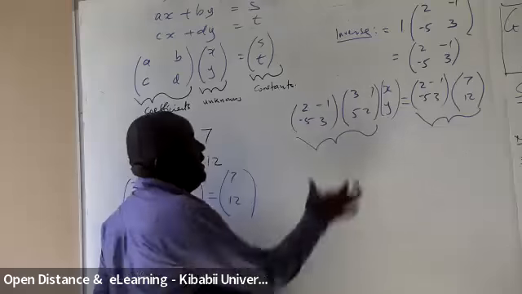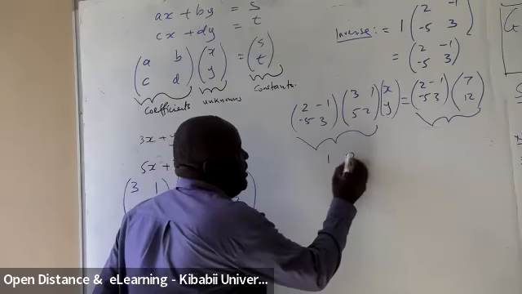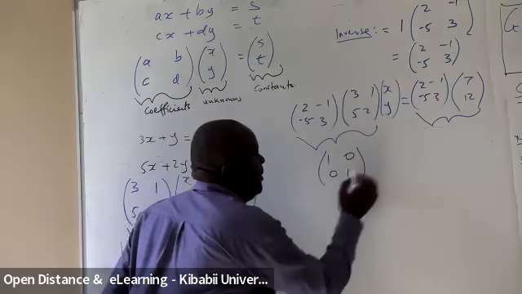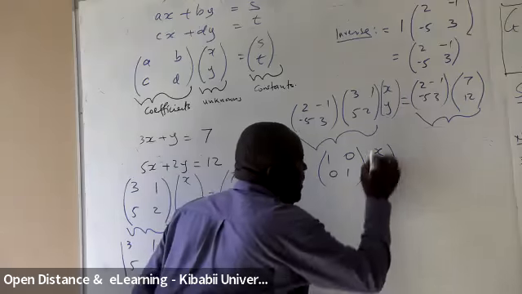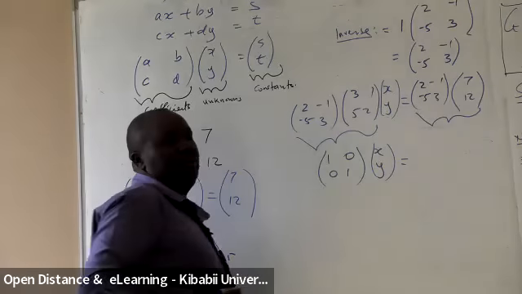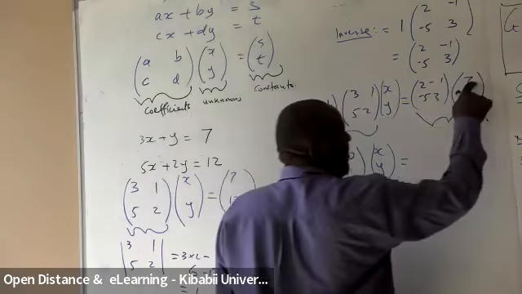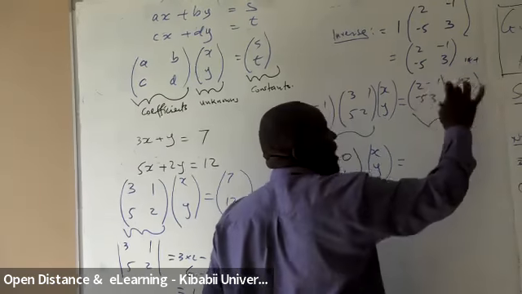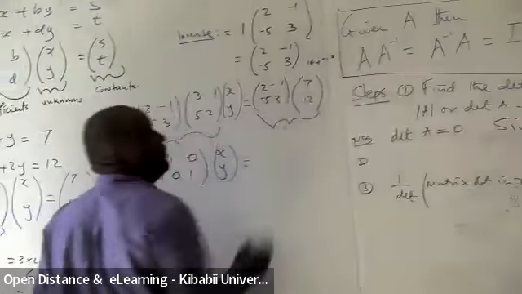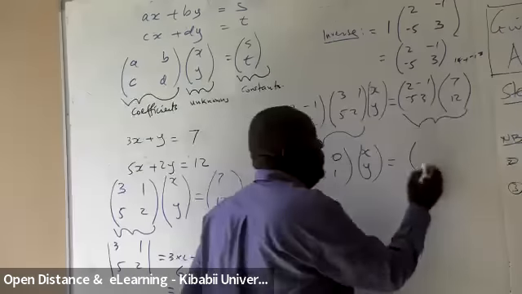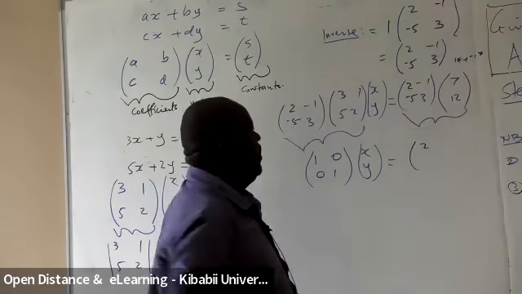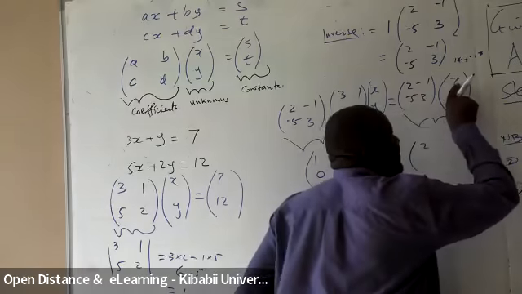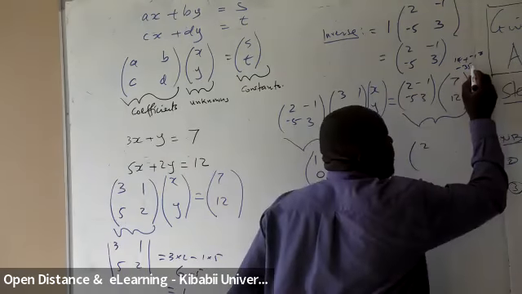Check that this product will give you 1, 0, 0, 1. They are x and y. This will be equal to 2 by 7 is 14 plus negative 1 by 12. 14 minus 12 that gives me 2. Negative 5 by 7 is negative 35.